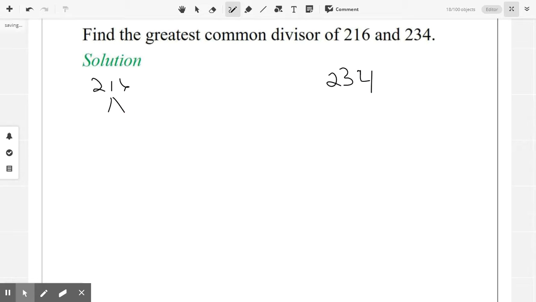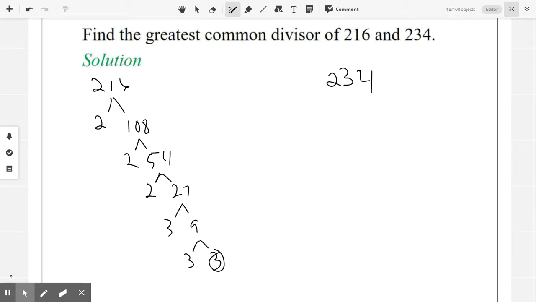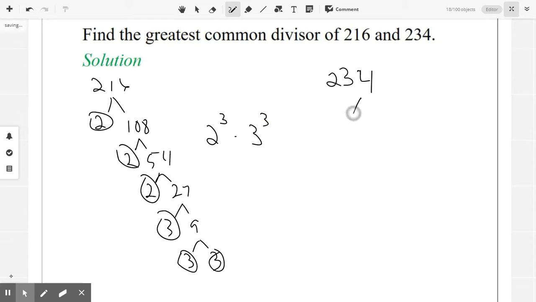So 216 is 2 times 108, which is 2 times 54, which is 2 times 27, which is 3 times 9, which is 3 times 3. So here is the prime factorization of 216. It is 2 to the third times 3 to the third. 234 is 2 times 117.